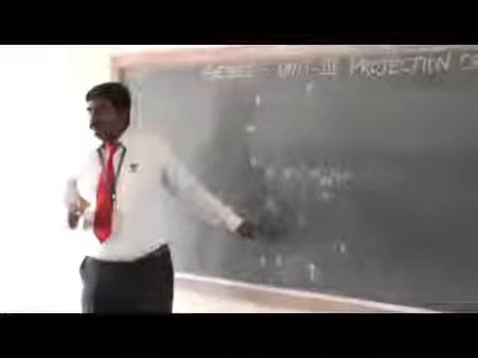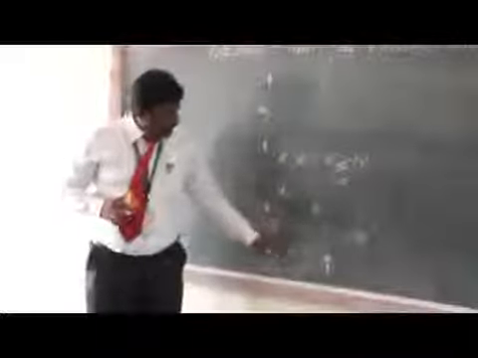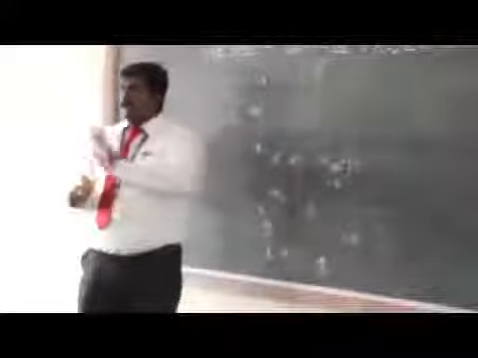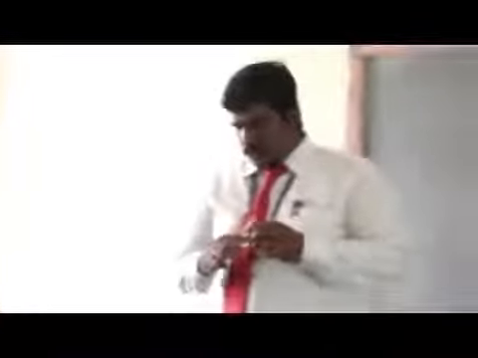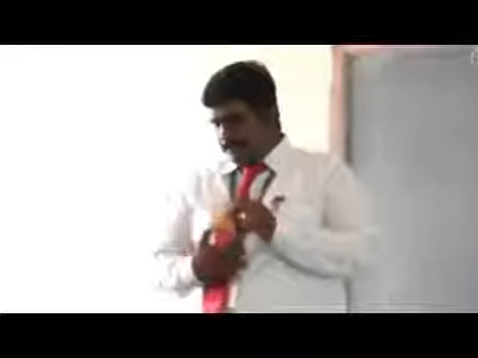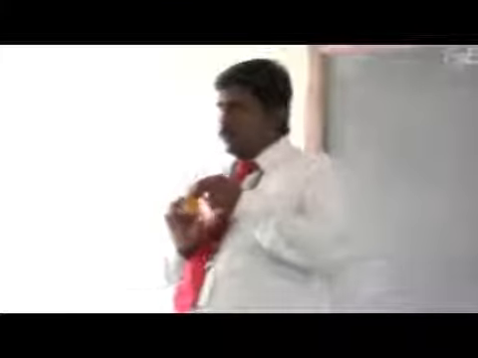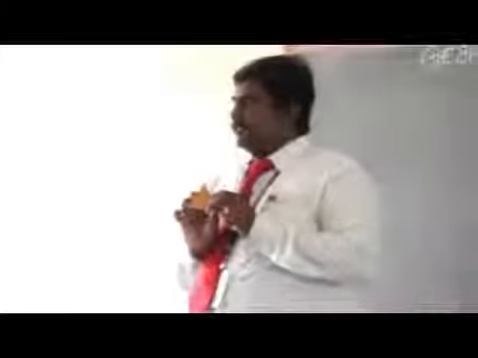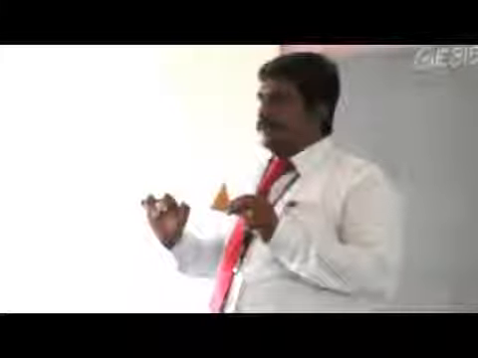Am I right or not? Yes, 1 second, all of you listen here. When you observe from the front, this D, A, B, all these bottom corners can be observed, visible or not. Yes, so this D, this A, this B, all are visible. So the position is like this, after making inclination of the base edge 35 degree to VP.